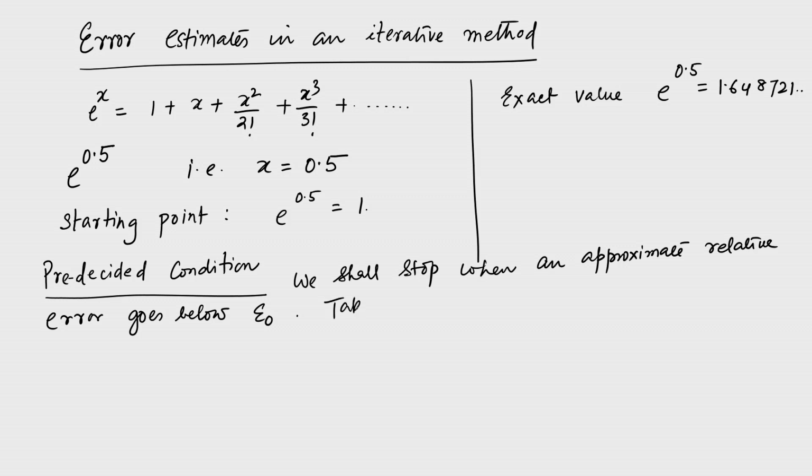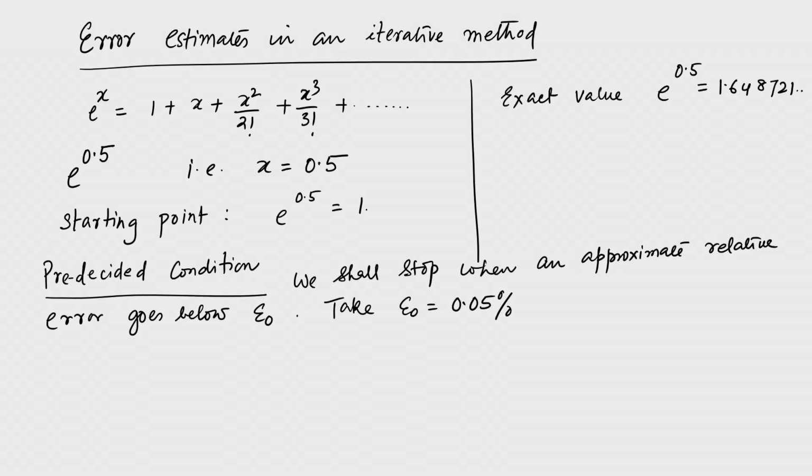Take epsilon 0 to be equal to 0.05%. That is a good enough approximation, and we decide that we will stop there. If you do not think that this is a good approximation, you can go even below that, but it does not matter, it will take more steps into your calculation, but at this moment let us stick to this. We will stop if, successively computing this value of exponential 0.5, we get to a point that our error is actually lower than this, then we will stop our iteration and we will say that this is the value that we get. So, let us call this quantity epsilon A.